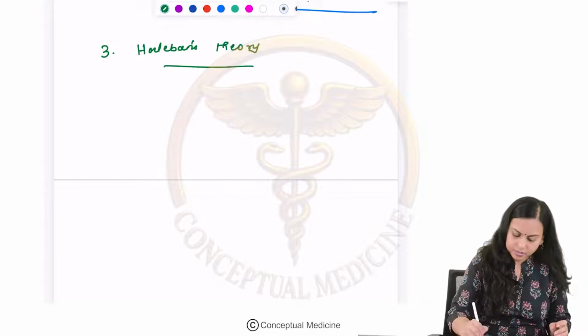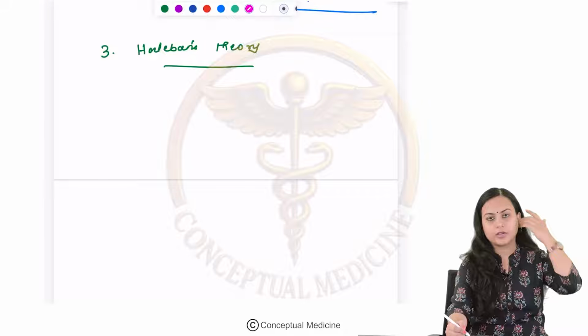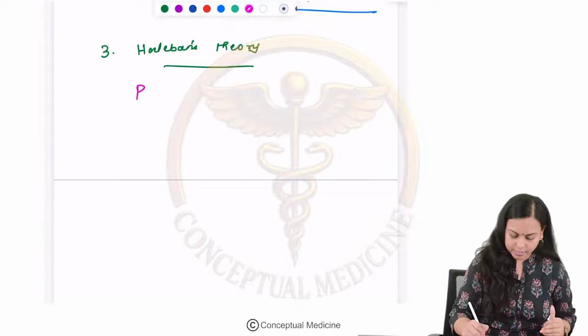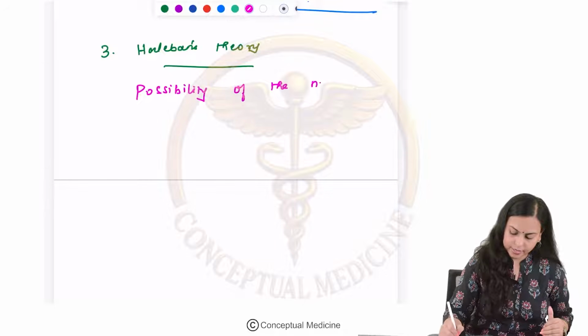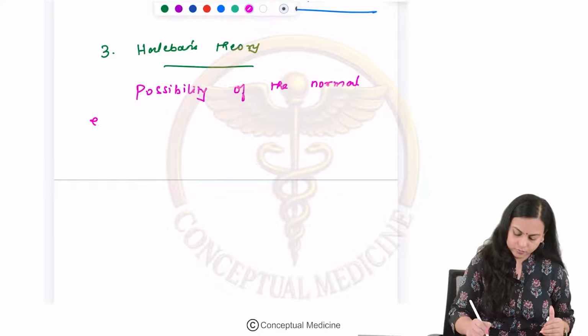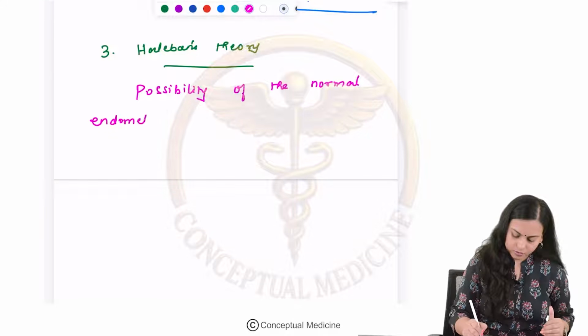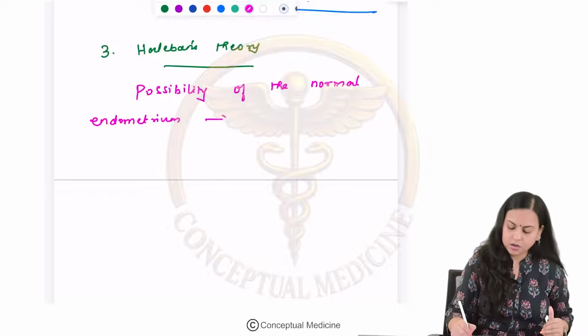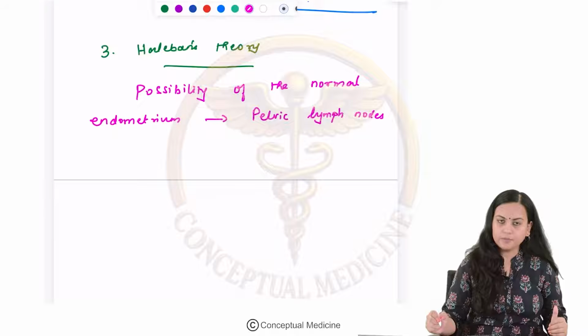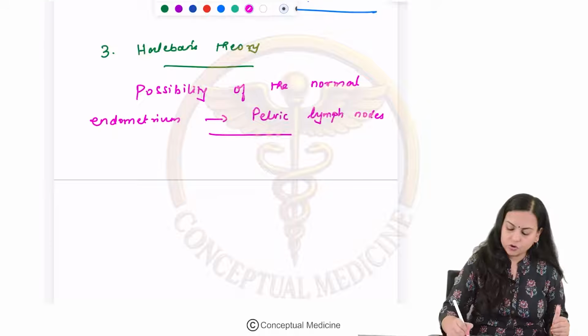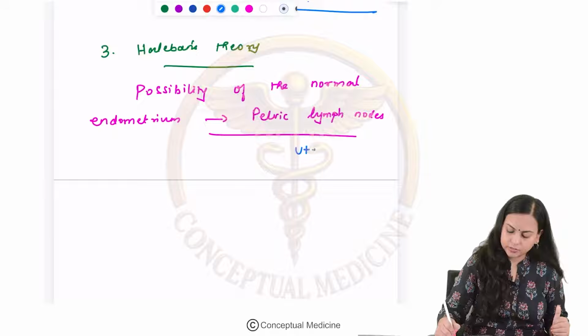And the third point is about Halban's theory. This is a lymphatic theory. Okay. So, here it says that there is possibility of the normal endometrium to metastasize to the pelvic lymph nodes through the lymphatic drainage of the uterus.